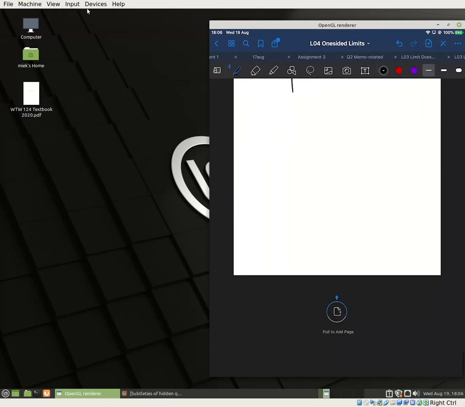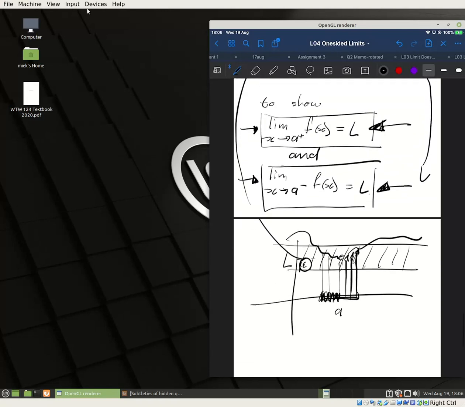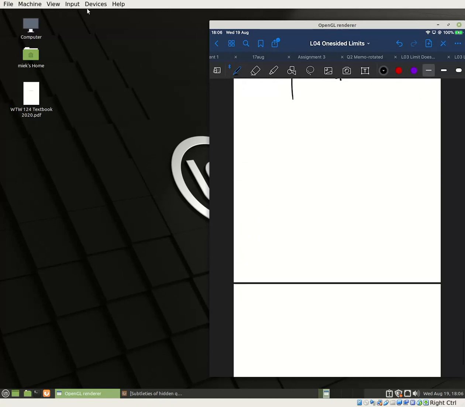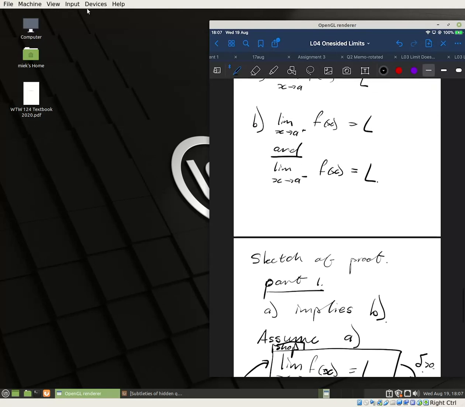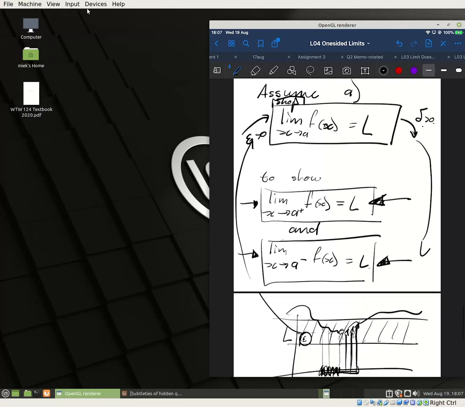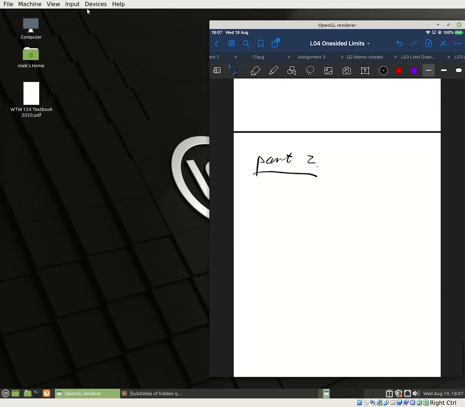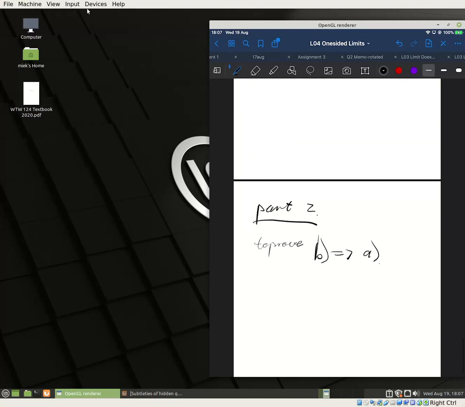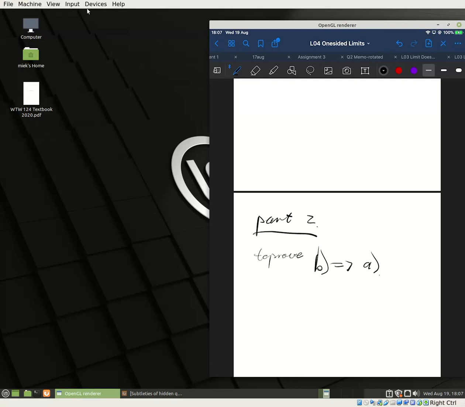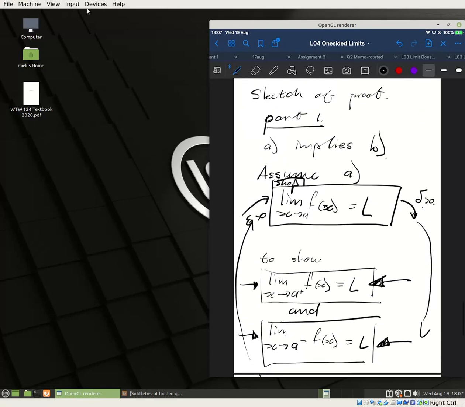Okay, so that is the first part. The second part, part 2: here we now have to prove B implies A. And remember, when you are proving this implication or this equivalence, these two parts are completely independent.